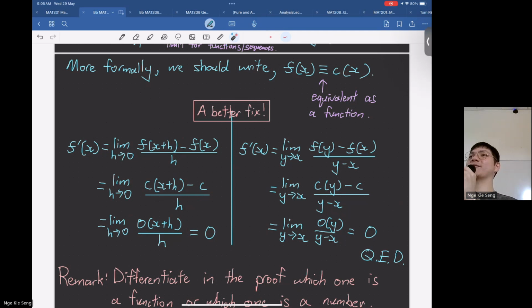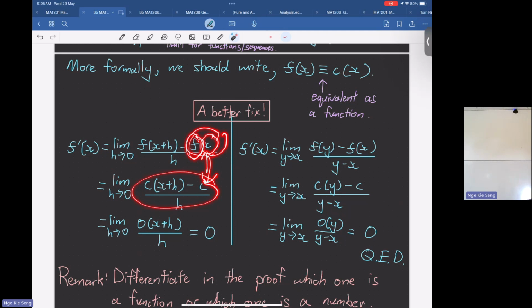Which part doesn't make sense? Which part you don't understand? This line here? Okay, so why do we write like this? So what is f(x)? x is a fixed number, and this function applied to a fixed number should give you what value?